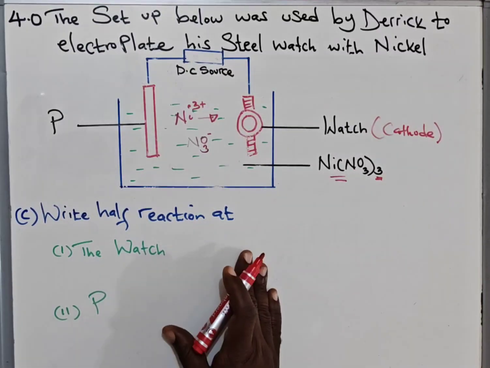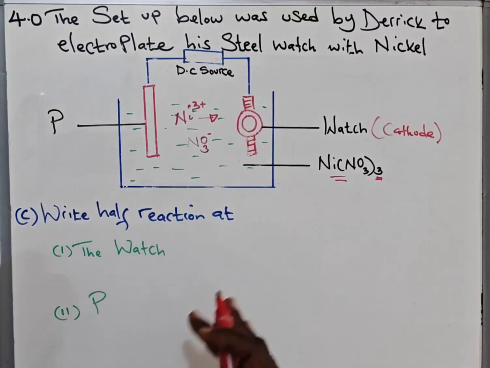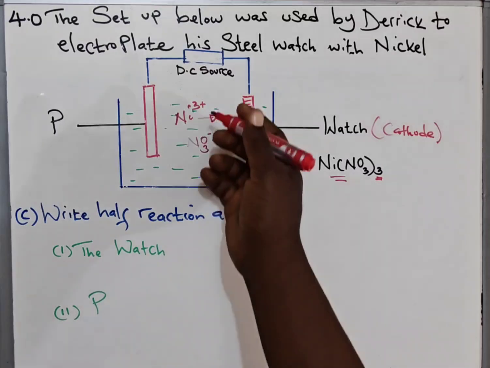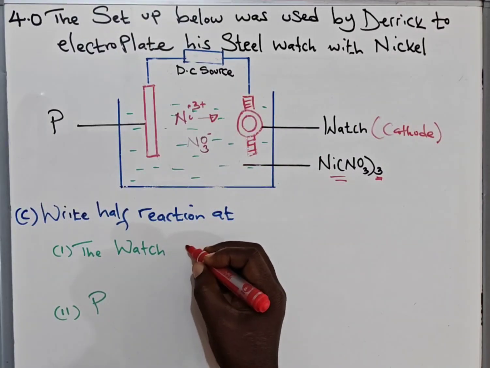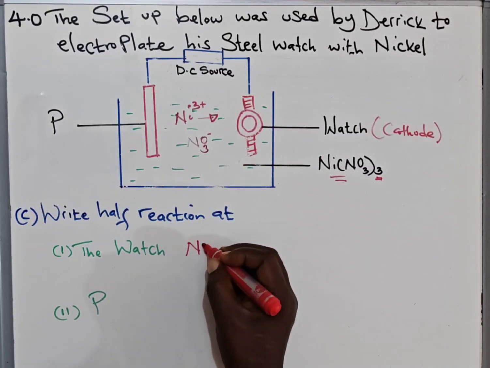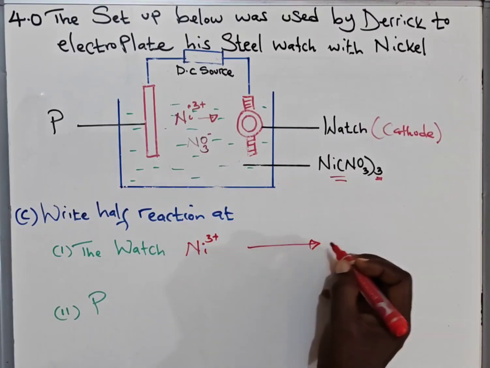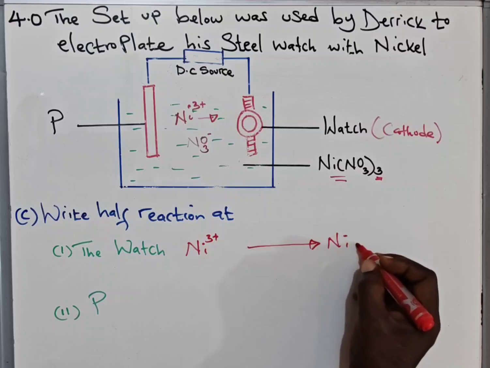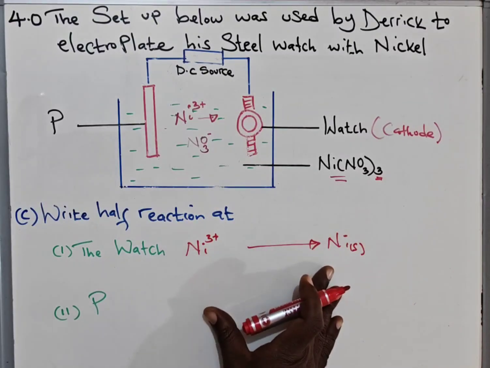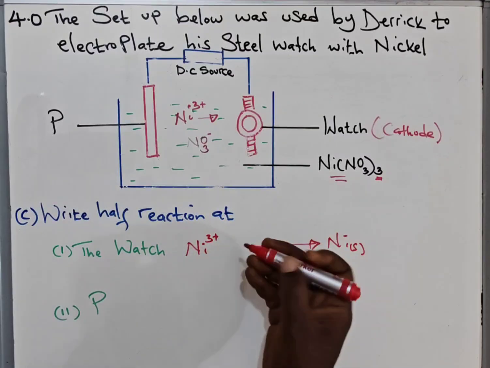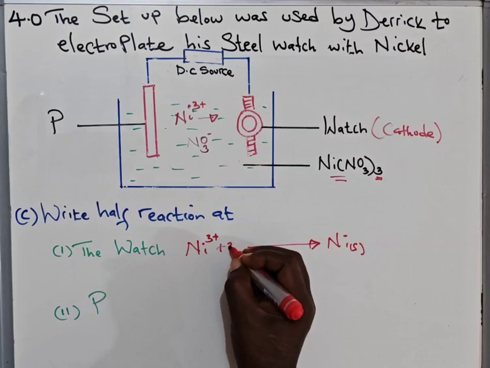A reduction in terms of ion changes is the change from positive ions to solid. Which ions are we dealing with here? They are nickel ions. So nickel ions are being converted to nickel solid. And how many electrons are involved here? There are 3, basing on the charge we have here. And that's what we write here.